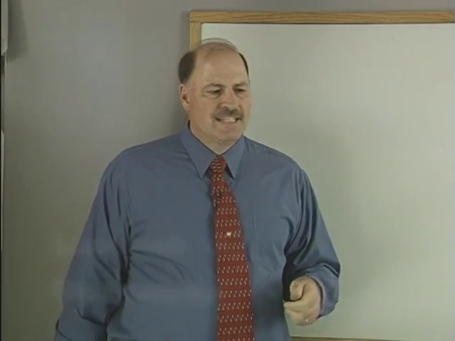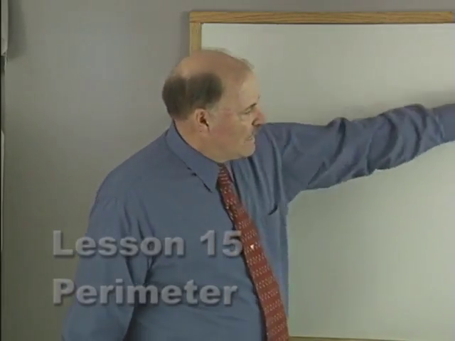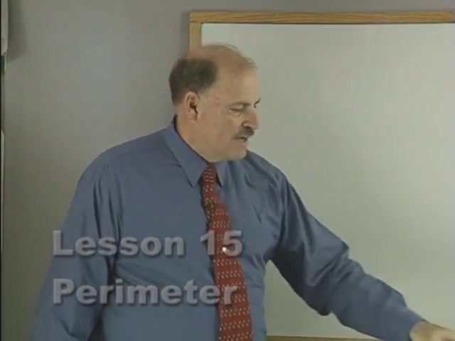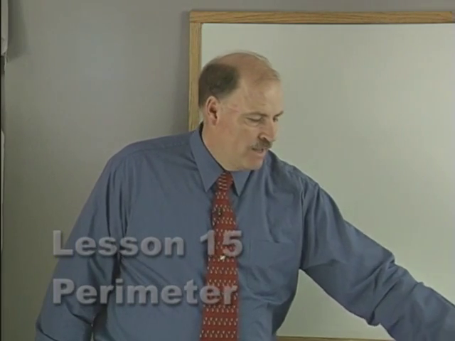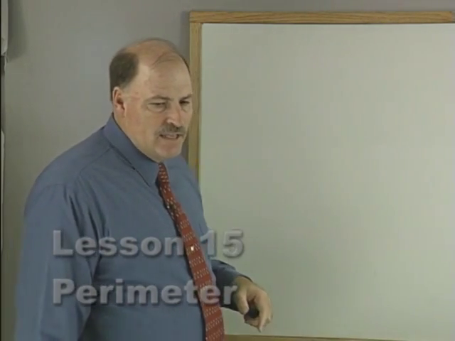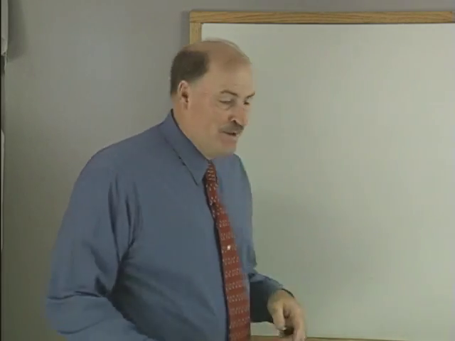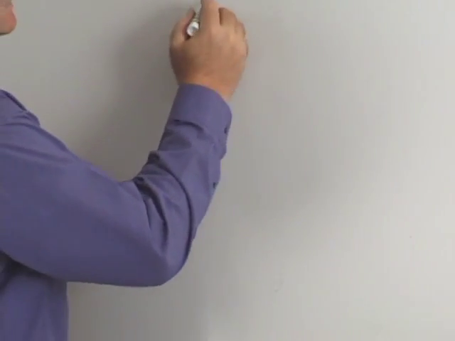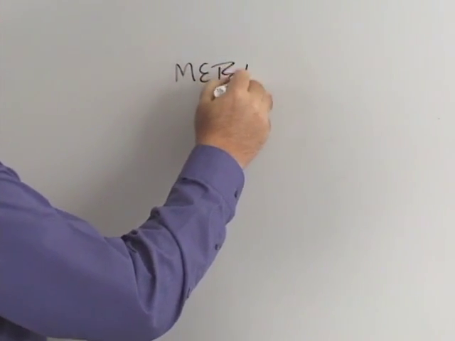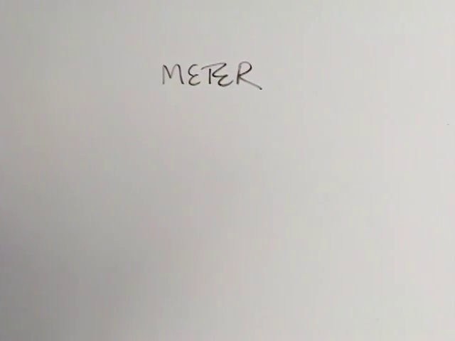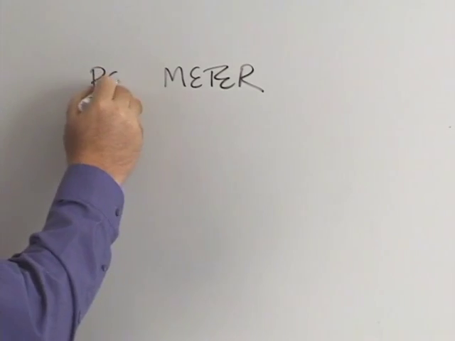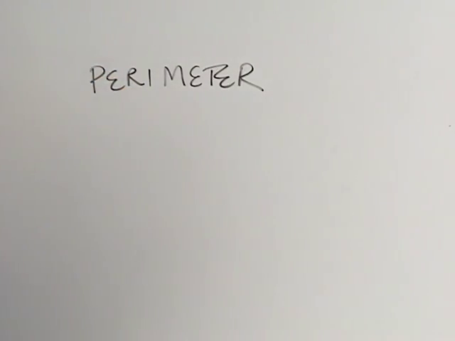When you measure the distance around, like my board, or the distance around a rectangle, we use a word that means, guess what? Distance around. The word for distance is meter or measure. And the word for around is peri.